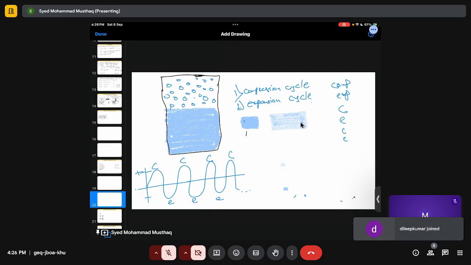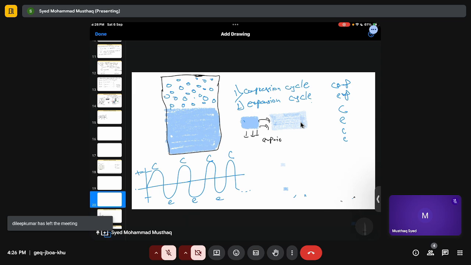So this is my first liquid, which was in a compressed state. Now if I try to expand it, right? So whenever you try to expand any liquid, there will be creation of low pressure zones, or there will be creation of voids. Voids are nothing but empty space. So empty space is nothing but vacuum.